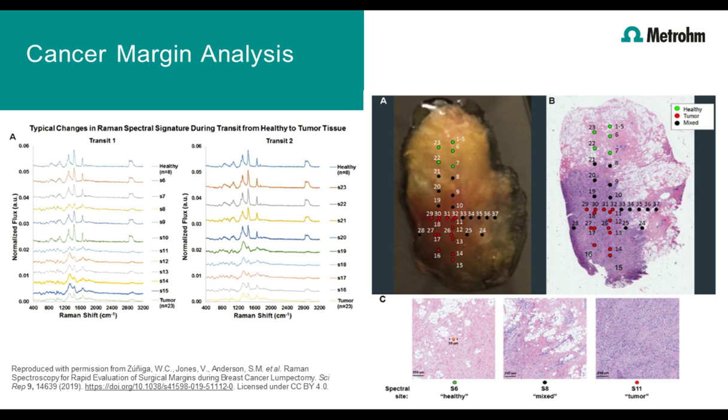They were also interested in assessing the margin analysis in some of the biopsy samples. In this case, they're interested in observing how the signal changes on a transition from healthy tissue to cancer tissue that can be found at the margins.